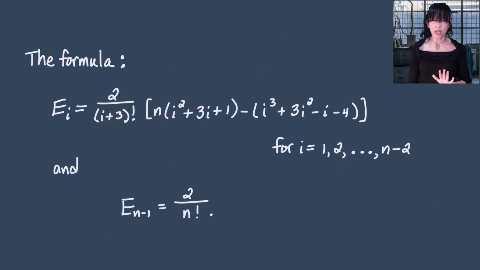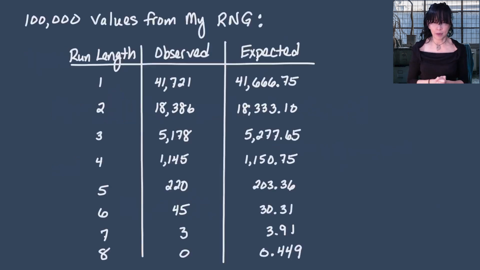So in my 100,000 values from my random number generator, I went through and counted the total number of up-down runs of length 1, 2, 3, and I formed a table here. So these were my observations, and I had no more runs of higher length. So the end of my table here is basically showing you that the highest run length I saw was 7, and then I had 0 for runs of length 8 and 0 for runs of higher length.